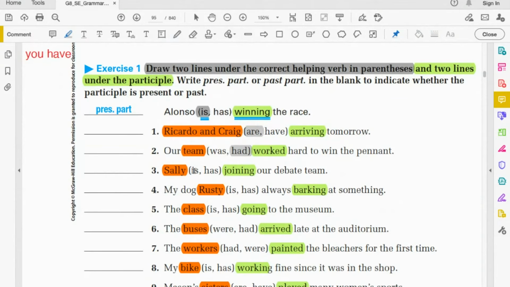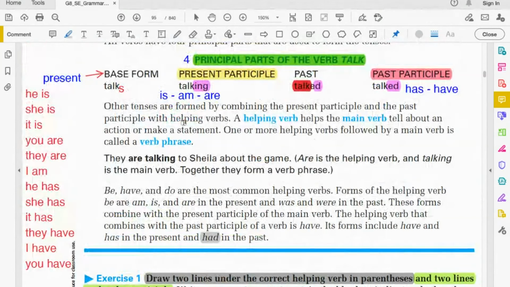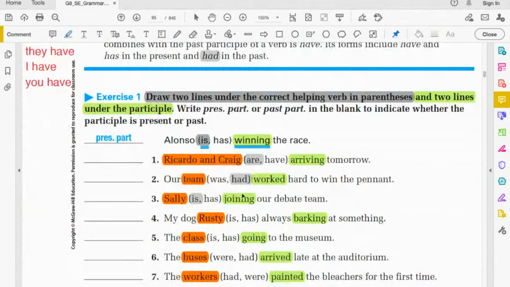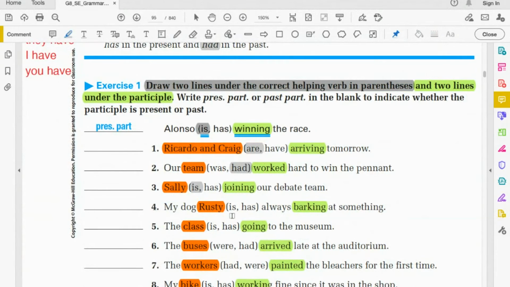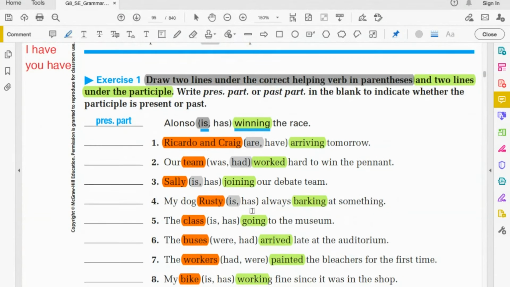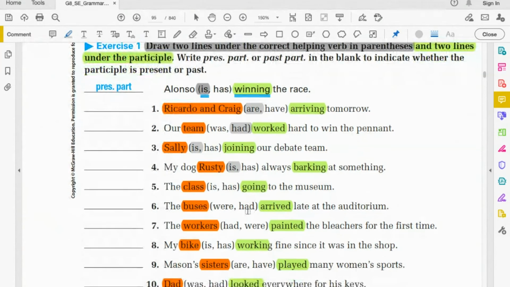Sally is. Again, has, have, had is not a choice. Rusty is. Again, has or have is reserved for the past participle. Class is. Buses had arrived. How do I know? Buses were arrived?